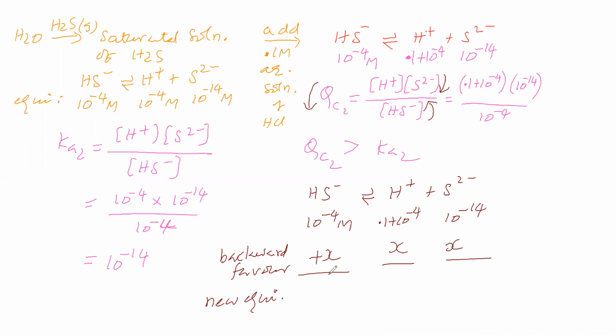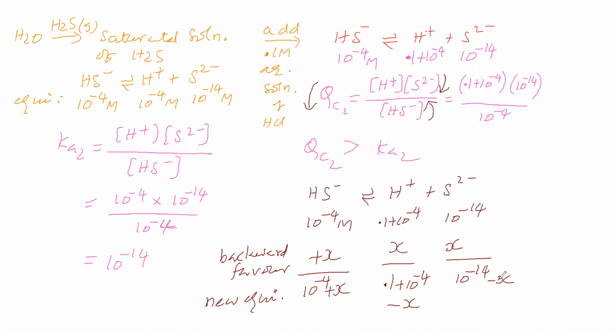At the new equilibrium, the concentration of bisulfide is 10 power minus 4 plus X. The concentration of H plus is 0.1 plus 10 power minus 4 minus X, because X is disappearing. Sulfide is 10 power minus 14 minus X. X is disappearing. Okay, now the system has attained the new equilibrium.